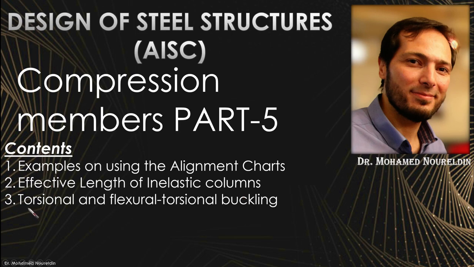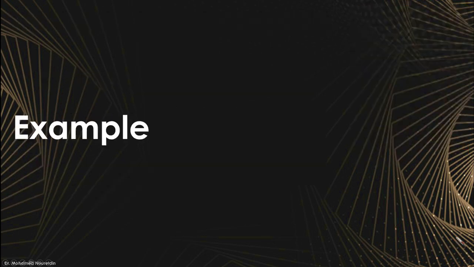And after that, I'm going to talk about the torsional and flexural torsional buckling mode failures of columns. And I'm going to wrap up with the different types of mode failures of column. Okay, so let's go now to the next slide and start with examples on the alignment charts.